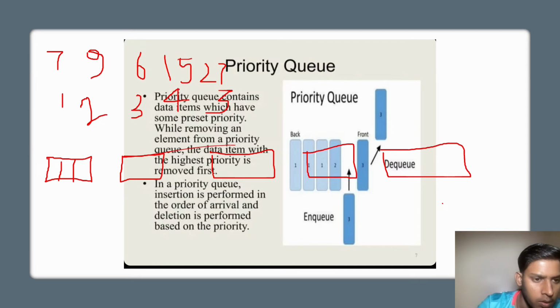Now we enter the data 7. The priority is 1 and the element is 7.